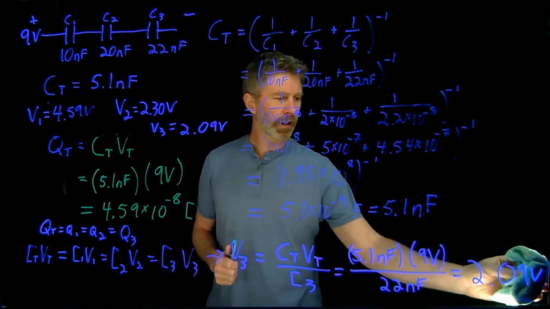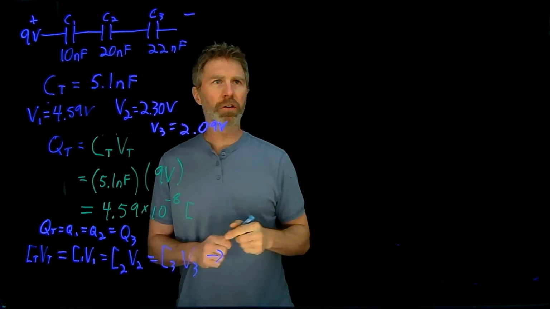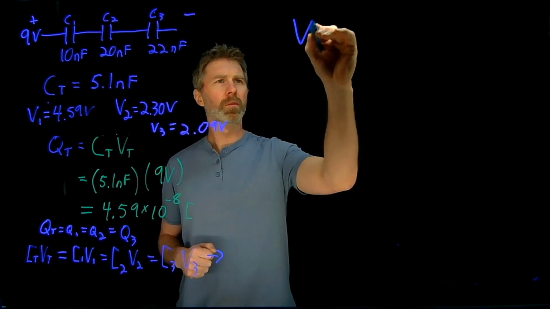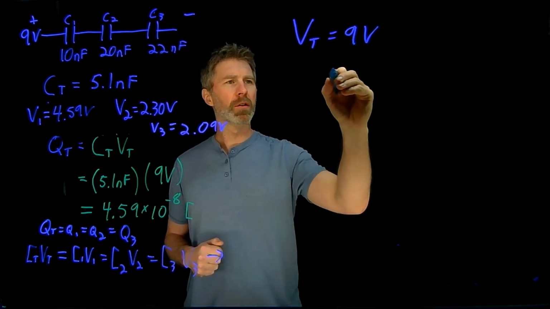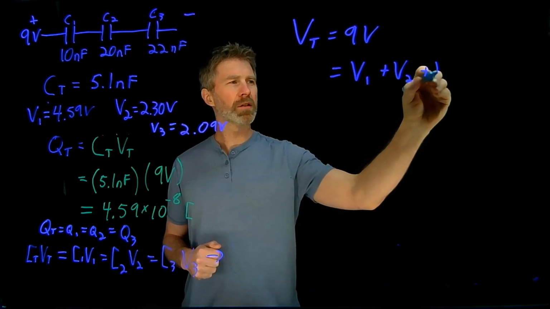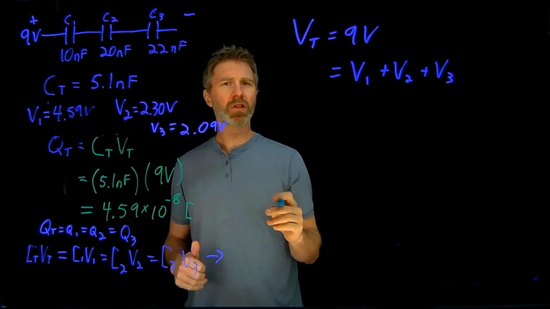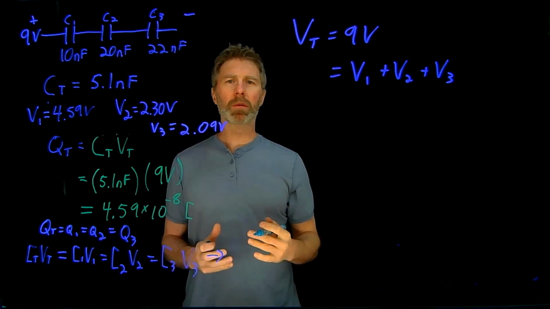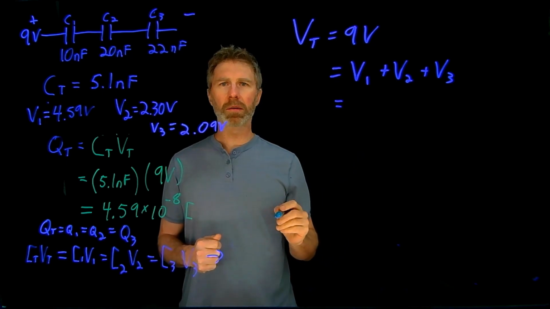Now let's do a quick check. Using Kirchhoff's voltage law, the total voltage is 9 volts, but that should also be equal to V1 plus V2 plus V3. I mean, I've already got the answers here, but it's always a good idea to do a check approaching the problem from a slightly different point of view and making sure that you get the same results.